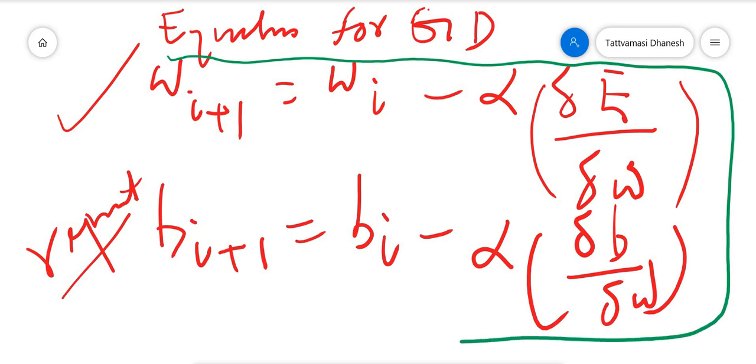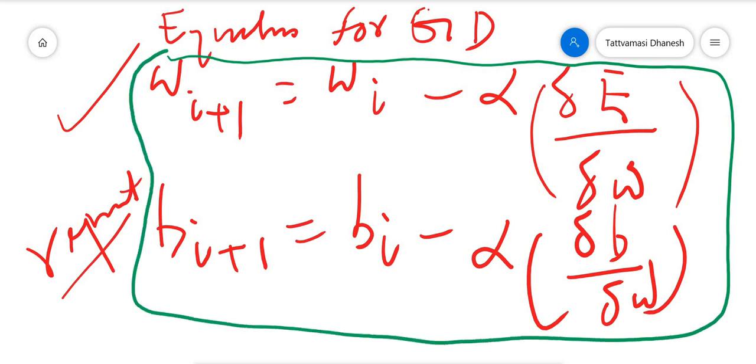This is really important. We are going to use partial derivatives here. Partial derivative is denoted by delta. You may be familiar that partial derivatives come into the picture when a function depends on two variables. Our cost function depends on two or multiple variables.